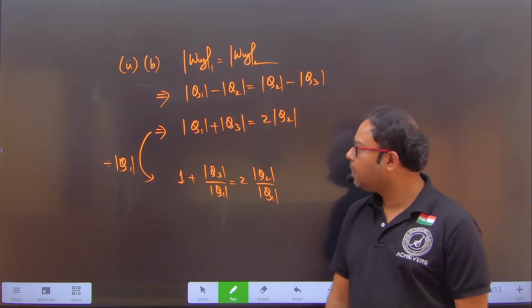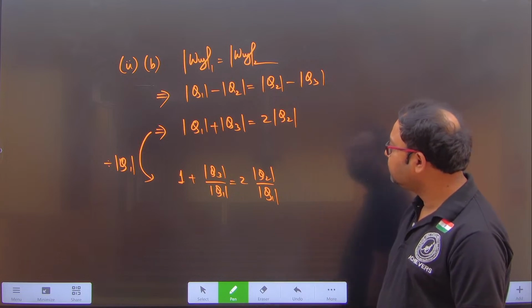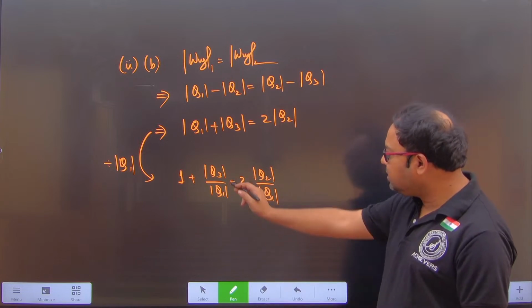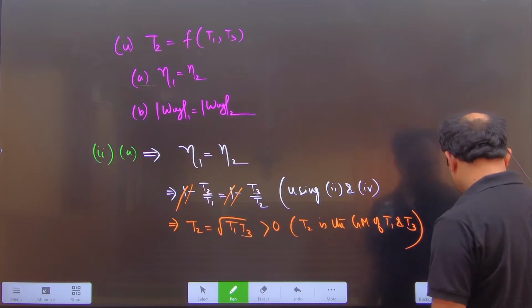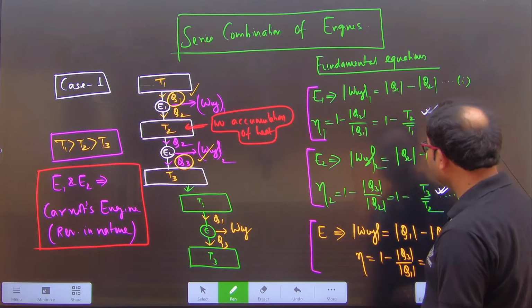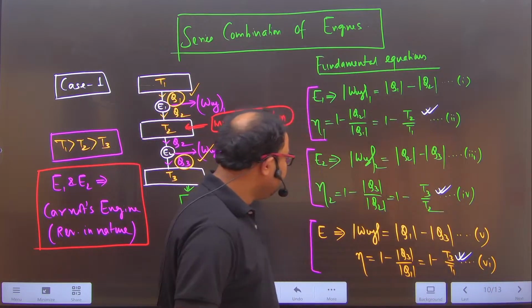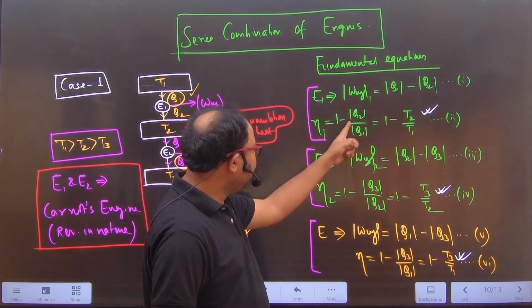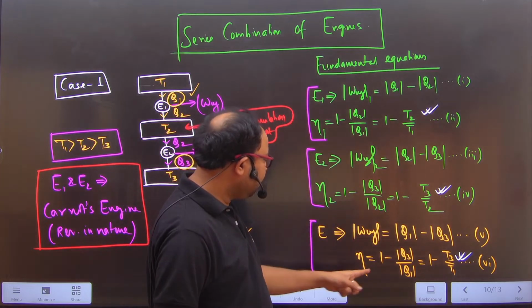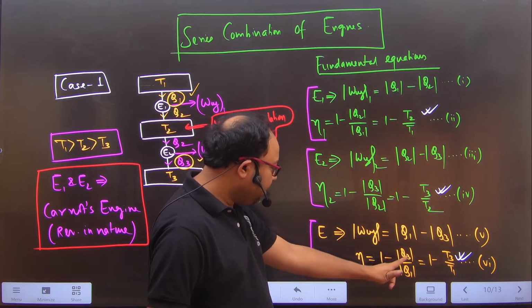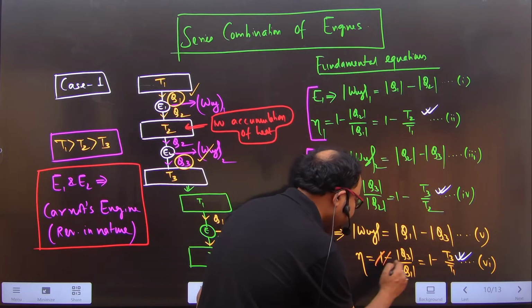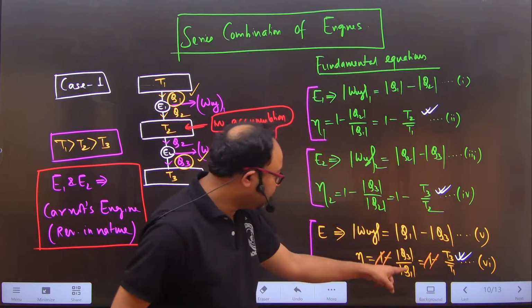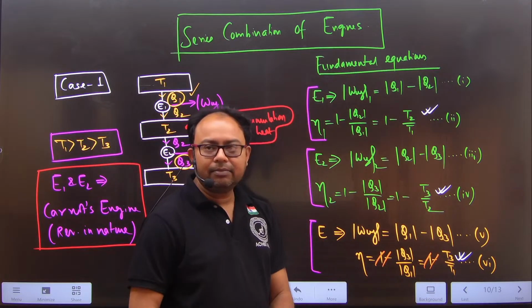Now what is the expression of mod Q3 by mod Q1? From equation number 6, mod Q3 by mod Q1 is T3 by T1.